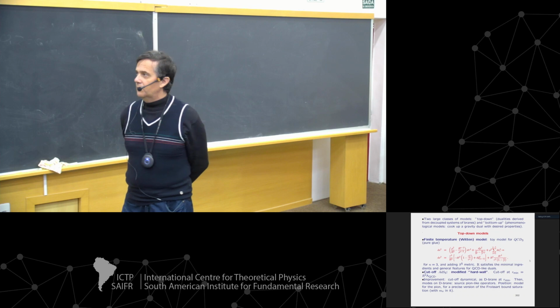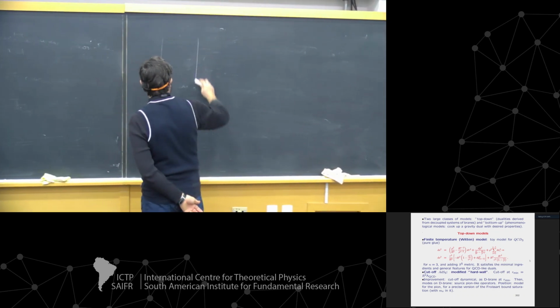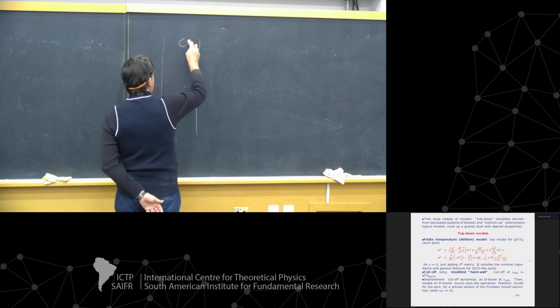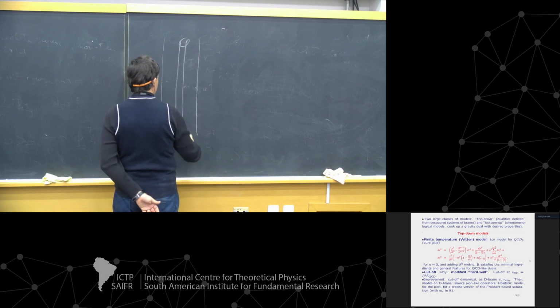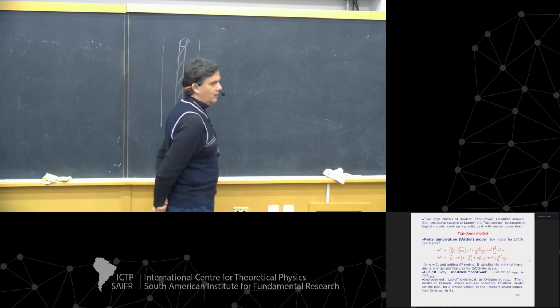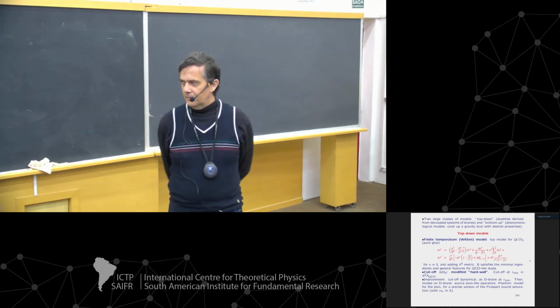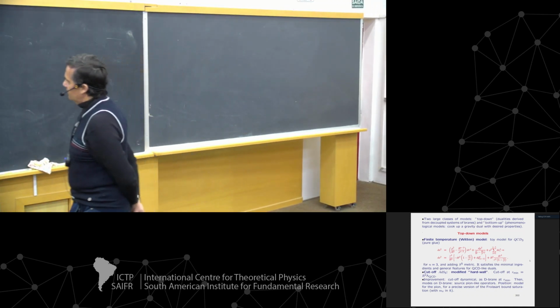Well, I told you that to describe QCD, which has a mass gap, we need to cut out some small cylinder from the middle of the AdS cylinder via some procedure.